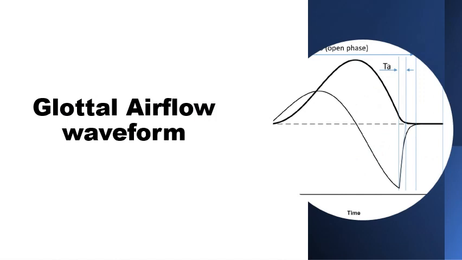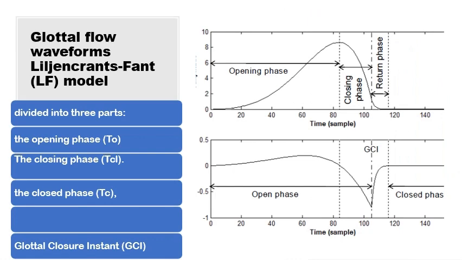We now move to the glottal airflow waveform, which reflects changes in the airflow through the glottis during a vibratory cycle of the vocal folds. The upper trace here shows the glottal airflow during a vibratory cycle, when the airflow starts to pass through the glottis, increasing up to a maximum point and then decreasing again before it stops altogether during the closed phase, and then a new cycle starts.